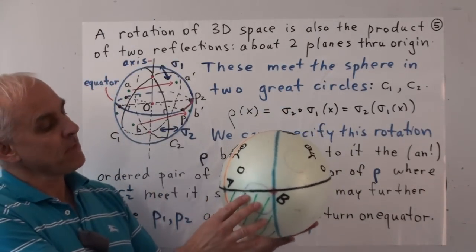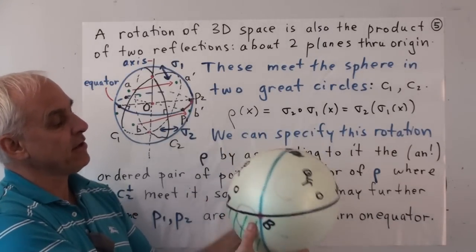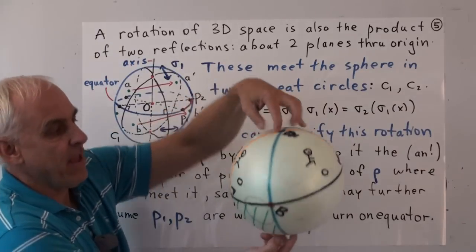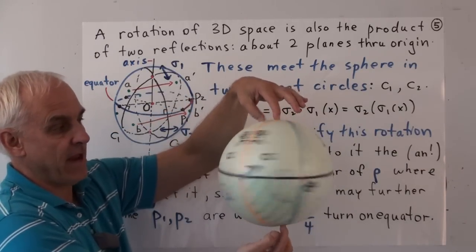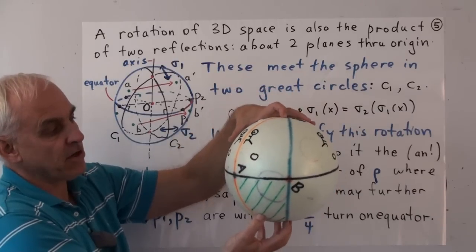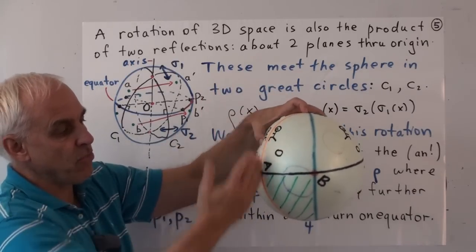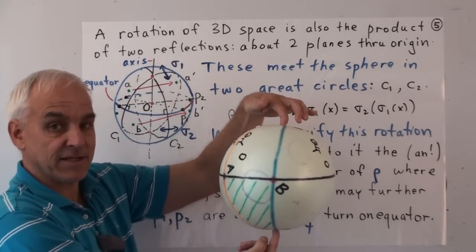I've taken an equator, this one here now, and I'm taking the north and south poles. There they are. Okay. And we're considering a rotation around that axis. And in particular, I'm going to consider a rotation which is related to two planes that go through this axis.